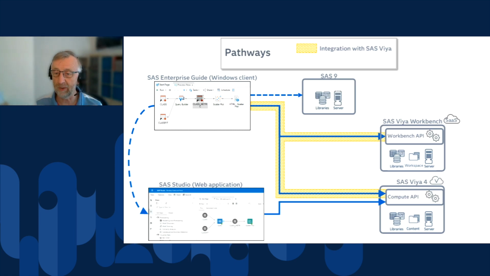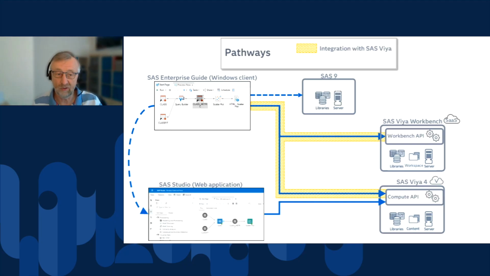You can simply specify which of the nodes in your EG project should run on a Viya 4 server and then run the process. So you could even do things like having parts of your process run on a SAS 9 or multiple SAS 9 servers and part of the process run on Viya 4.